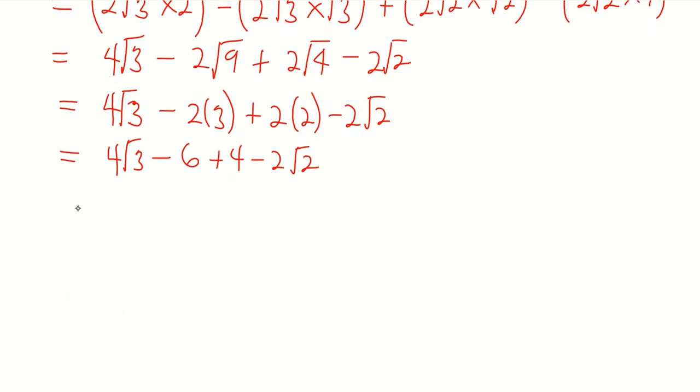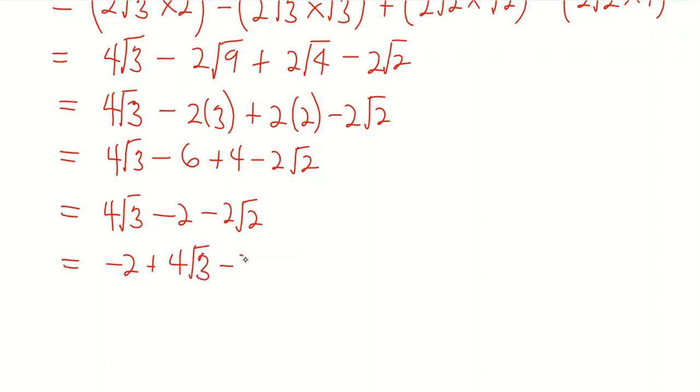Now we can see that there are some rational numbers here, so we can add them. So minus 6 plus 4, we have minus 2 here, minus 2 square root of 2, of which we can rearrange our solution to be minus 2 plus 4 square root of 3, and have minus 2 square root of 2.